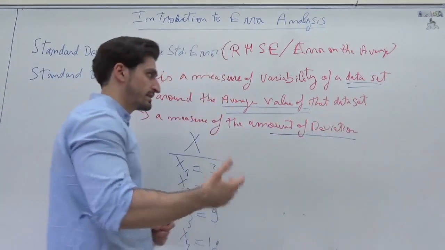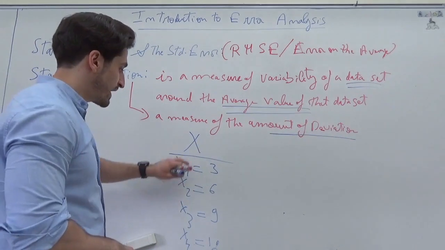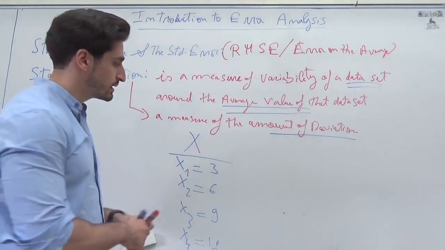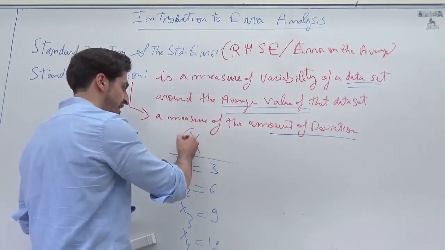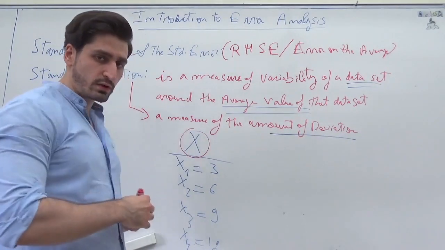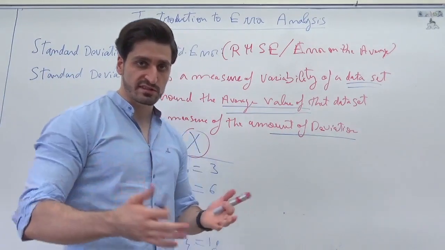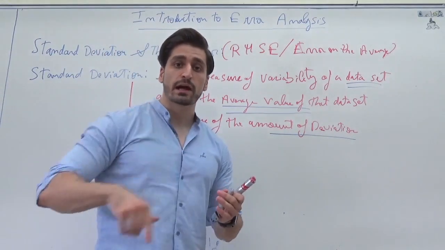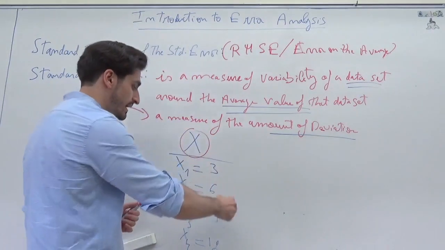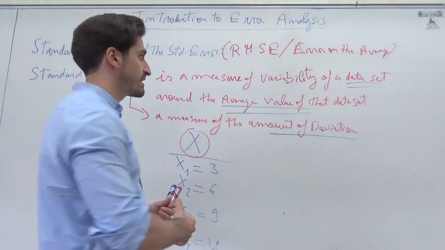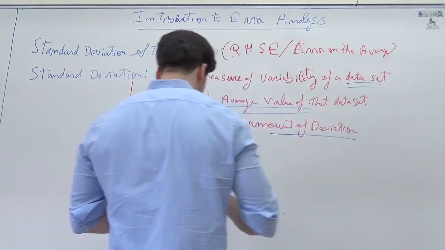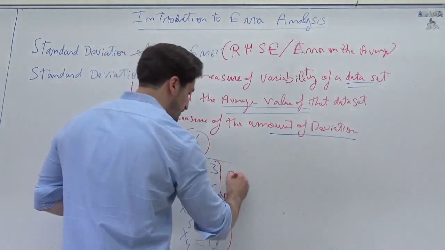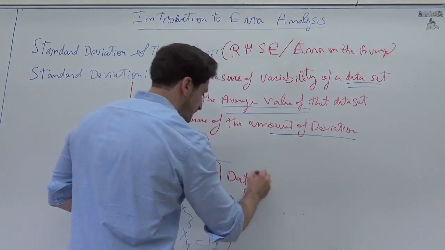So over here we have the term data set. What do we understand by data set? Over here we have several measurements that can all be attributed to the same physical quantity, which is x. Whenever you have a set of numbers that can be attributed to one physical quantity, that entire collection of data can be referred to as a data set.